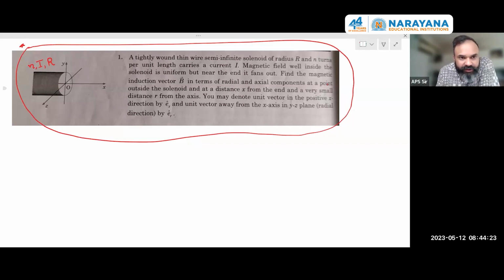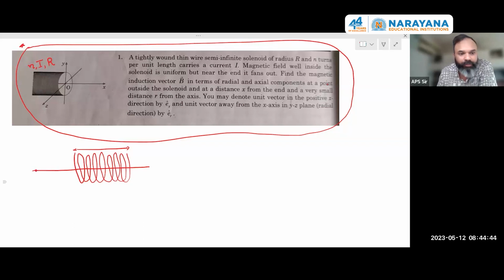So if you observe this carefully, what I'm trying to write first is the data that I need. If they have given you a solenoid of some finite length, and you want to derive an expression for the magnetic field at any point on the axis, what we do is take these angles from the end point.